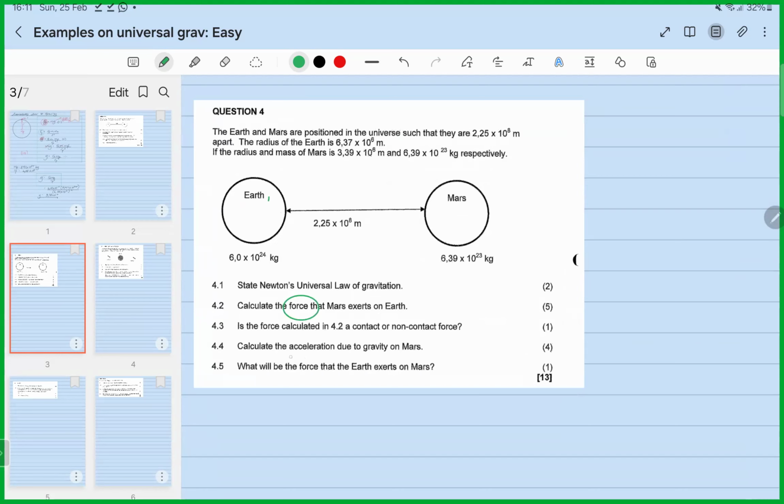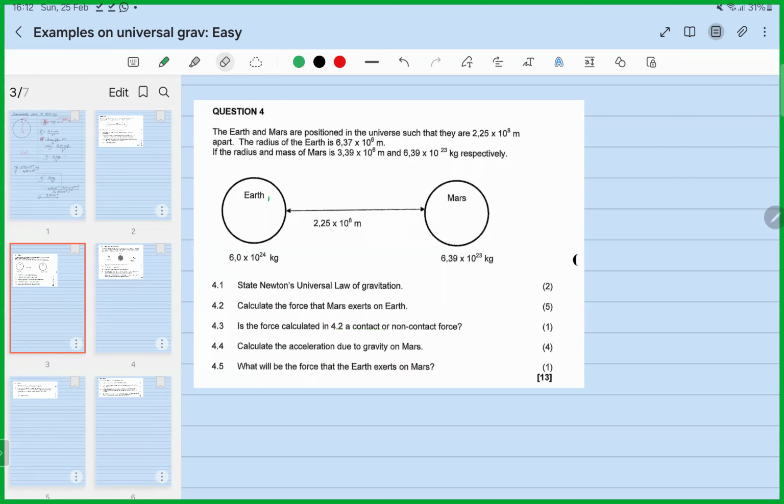And here is the question on the gravitational acceleration of Mars. That means how fast will an object move if it is placed close to the surface of that planet. So you're going to get questions that relate to F, and questions that relate to g in this section. And that's why we did that example first, because you're going to get questions on both.